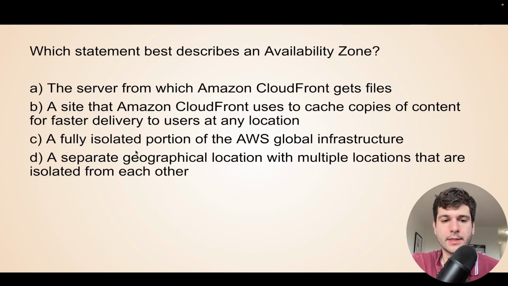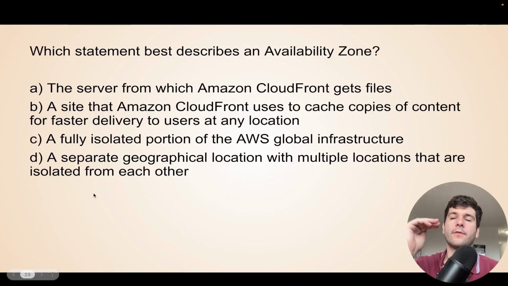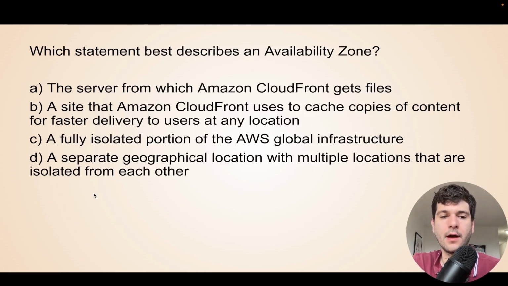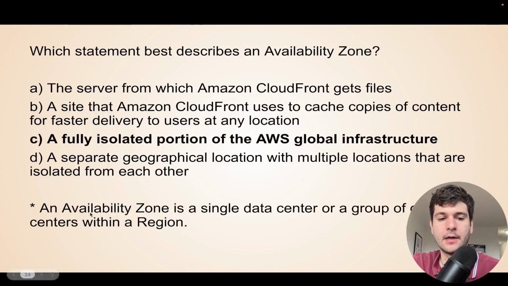So correct answer is C. Let's just read D though. A separated geographical location with multiple locations that are isolated from each other. So D is one level above availability zone and is regions. All right, so correct answer is C. An availability zone is a single data center or a group of data centers within a region.